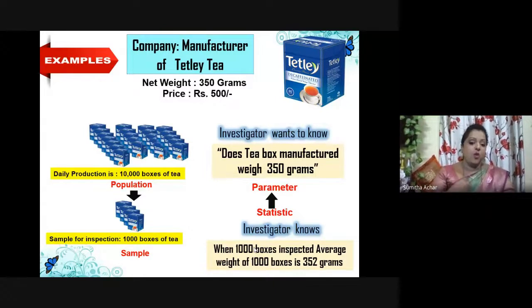So in general, the boxes that the company manufactures range in weight around 350, and 352 is the one that I have got. So 2 grams of variation. So the company can say that the box that is manufactured and goes to the market varies between 348 grams and 352 grams. So the 2 grams of plus and minus is what is called the standard deviation.